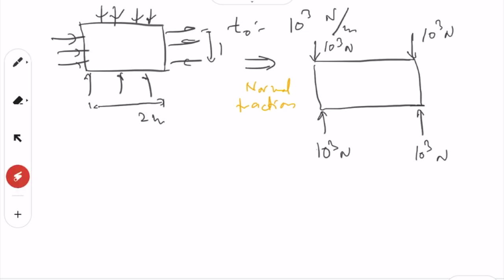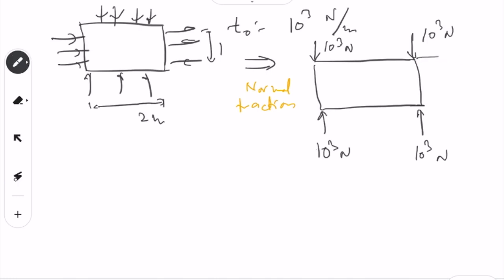Okay, now because of these two, so this is done. Now this one is the same value as this one, but this is just 1, so that means 10 to power 3 multiplied by 1, so 10 to power 3 Newton divided by 2, so this becomes 0.5. So what do we get?